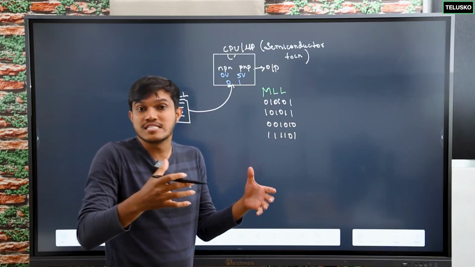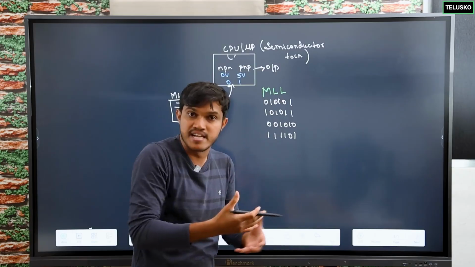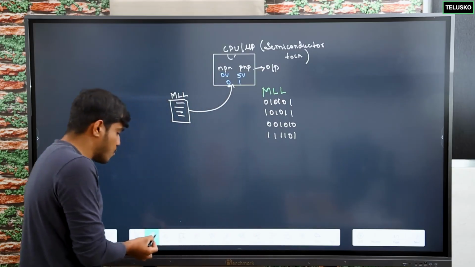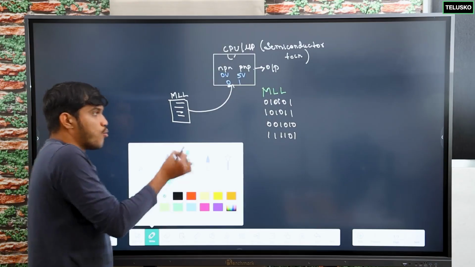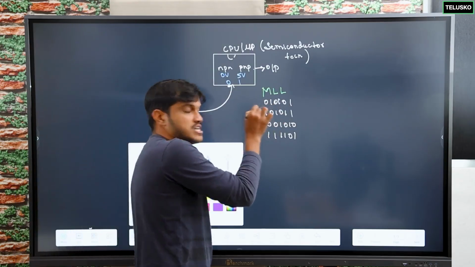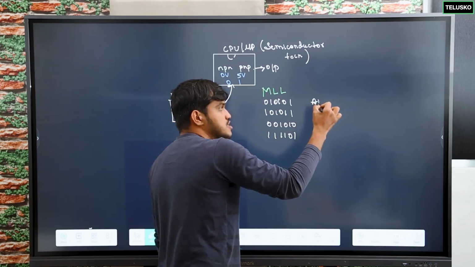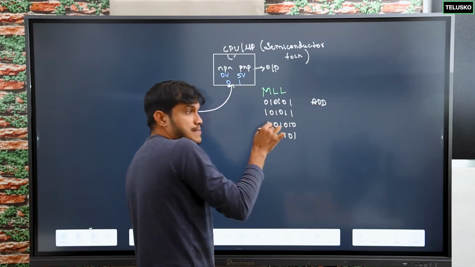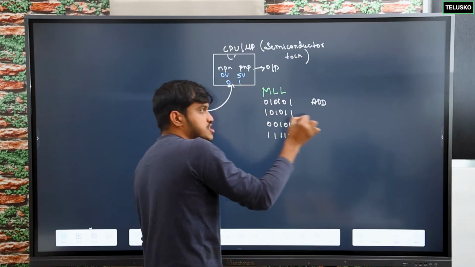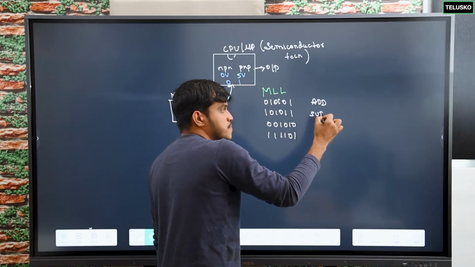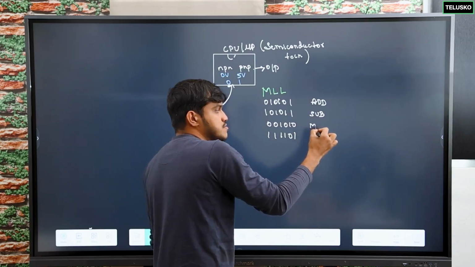That is when, after some evaluations and some research, we came up with an approach wherein we said, why write instructions this way? If you want to just add, I will just say add. For subtraction, you need not write so many instructions, just say sub. For multiplication, just mul.